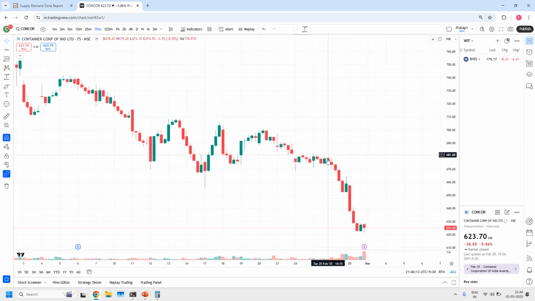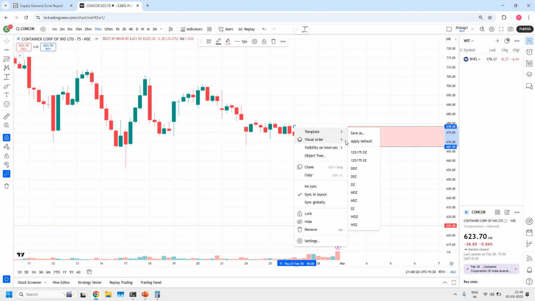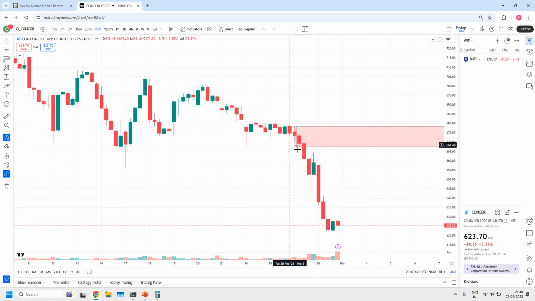Where is 25th? Here. Yeah, here we have a drop, two base and drop. This is how the software shows it. This is a 75 minute supply zone, and this 75 minute supply zone should be part of the daily supply zone as per our software.